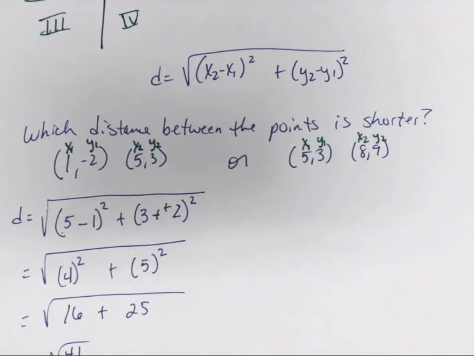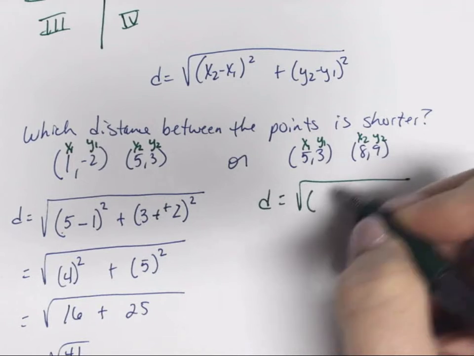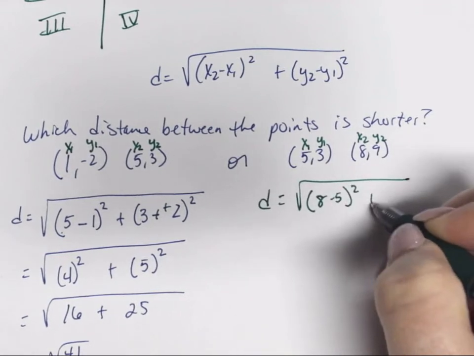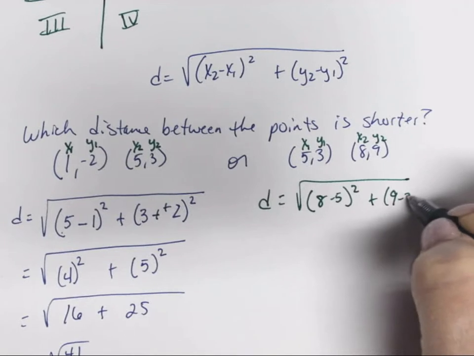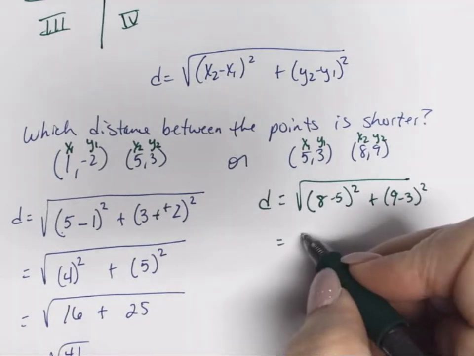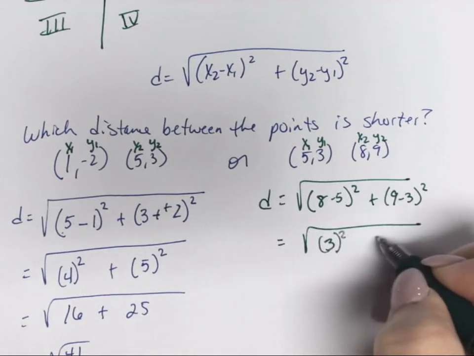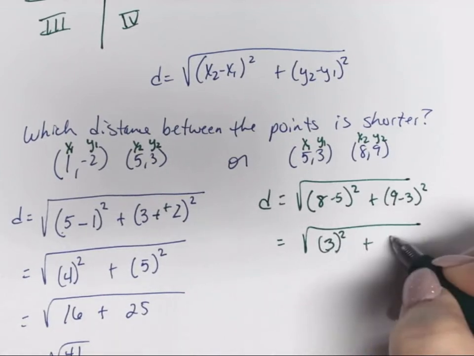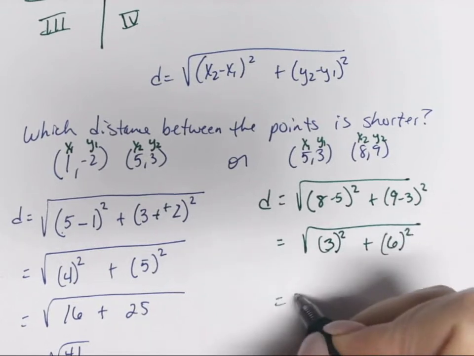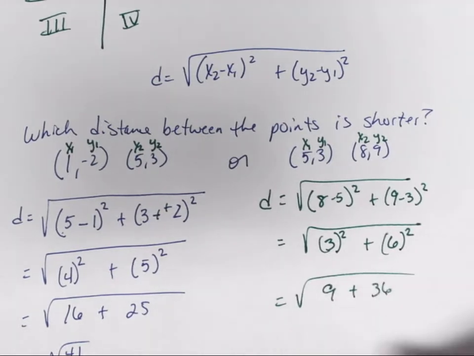All right, this side over here, we're going to do the same thing. So we have 8 minus 5 squared plus 9 minus 3 squared. So that'll get us the square root of 8 minus 5 would be 3 squared, and 9 minus 3 would be 6 squared. 3 squared would be 9, and 6 squared is 36.